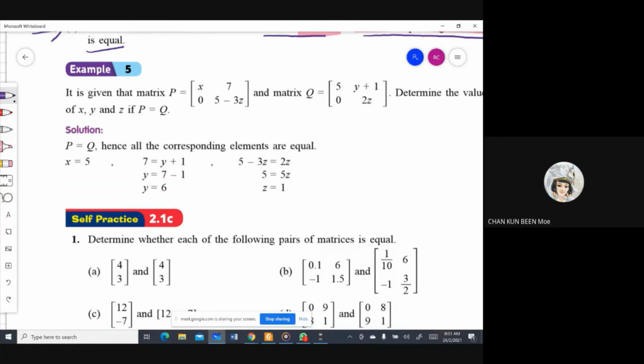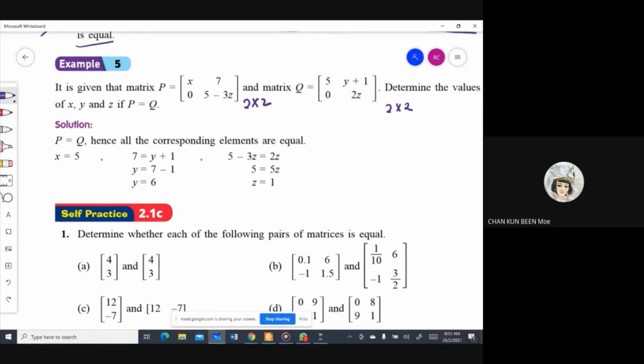If you see carefully, this is a 2 by 2 matrix, and then matrix Q is also 2 by 2, it's the same. Determine the value of X, Y, and Z if P equals Q. So they told you that these two are the same, so it's easier, you just solve it. They want you to find the value of X. This is your X. X is equal to 5 straight away.